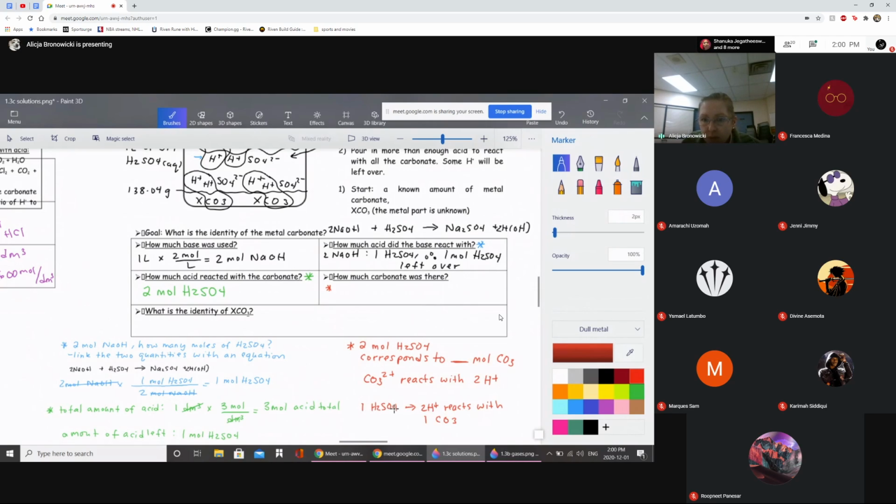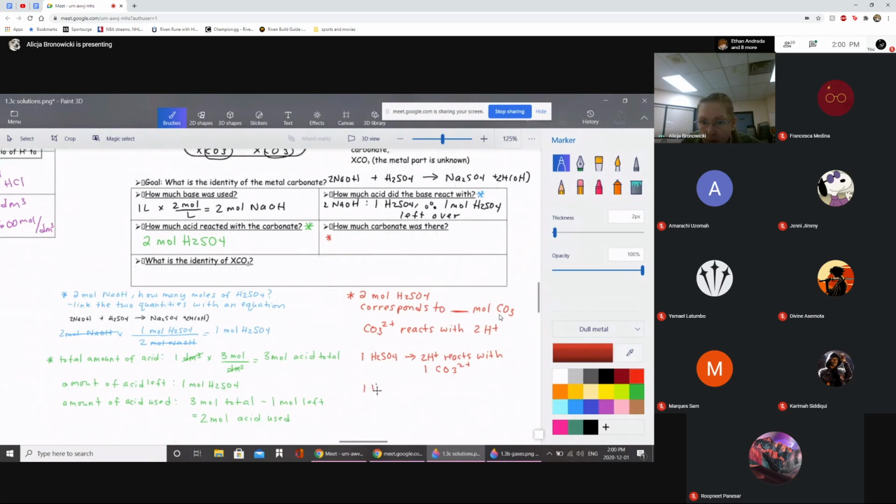Okay, so I have 2 moles of H2SO4. My first mole of H2SO4 produced 2 hydrogen ions. That reacted with 1 mole of CO3 2 minus. My second mole of H2SO4 produced another 2 H plus, and that reacted with another carbonate. So in total, I have 2 moles of CO3 2 minus.